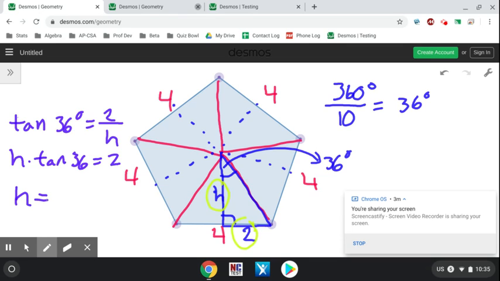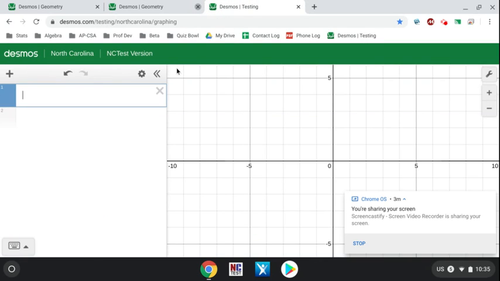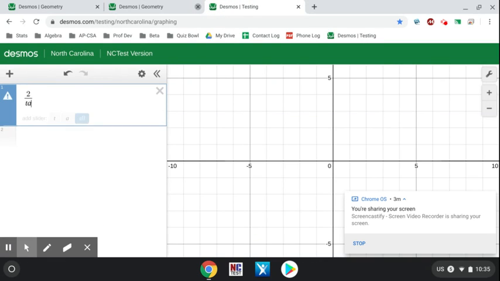Now, I know some people go ahead and put tangent in your calculator and get decimals. You might even see it worked out that way on other videos you might find online. I personally like to just go ahead and get it like this because it gives me less rounding error and less decimals to type in, because now when I go to Desmos, I can do 2 divided by tan of 36 degrees, and that gives me a height of 2.75.